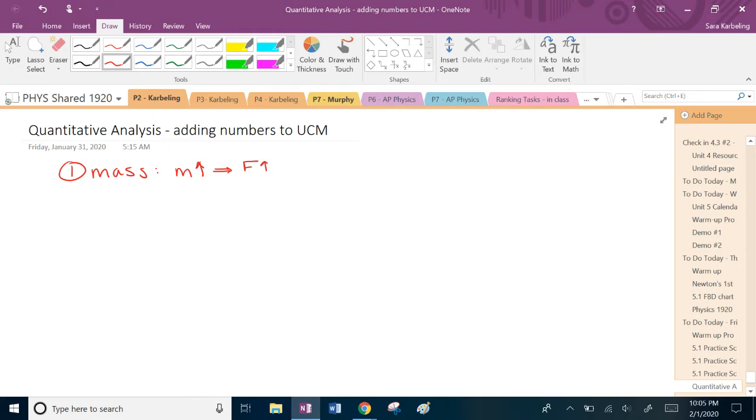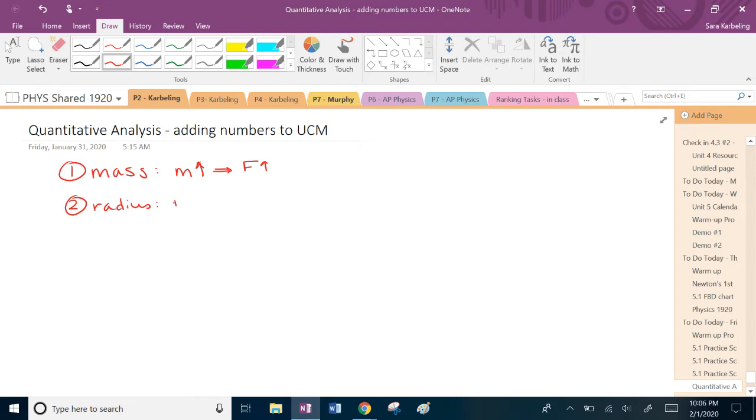Another thing that also might change the force required when using uniform circular motion is the radius. The classic example that I think about with this is if you have your keys or something else on a lanyard and you start spinning it in your fingers, that's something we always do.